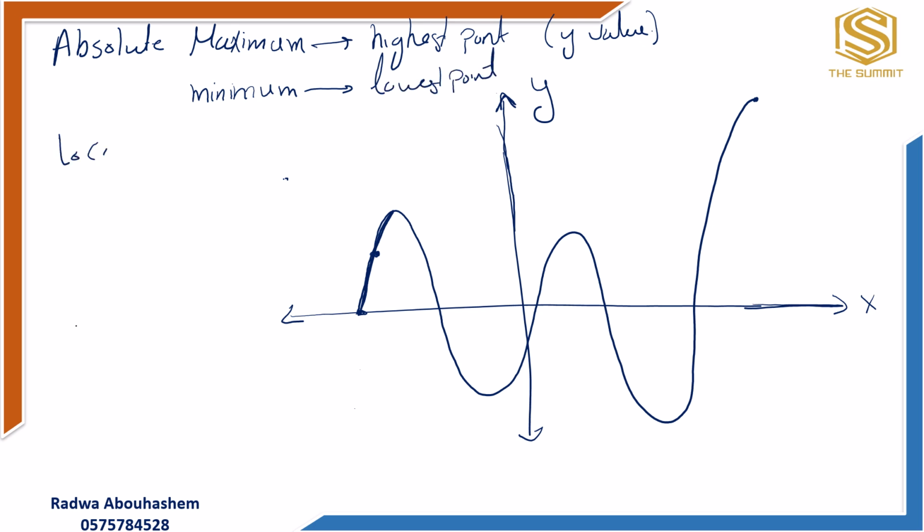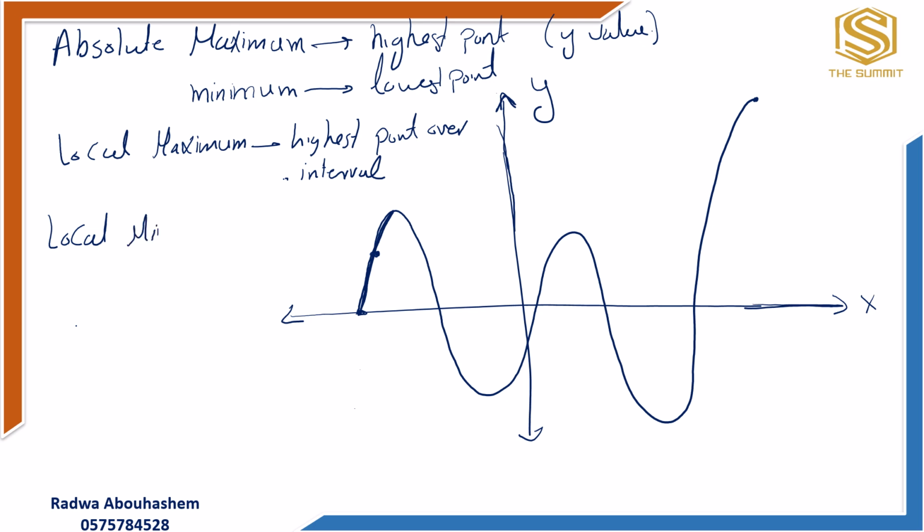Local or relative has the same meaning. Local maximum means the highest point over a specific interval. And the same for local minimum, the lowest point over a specific interval.